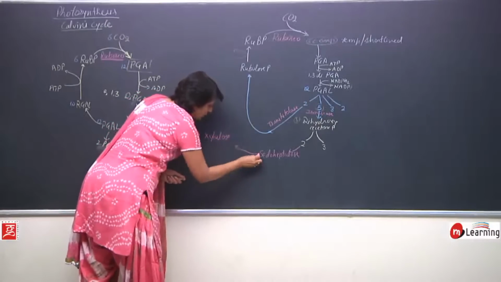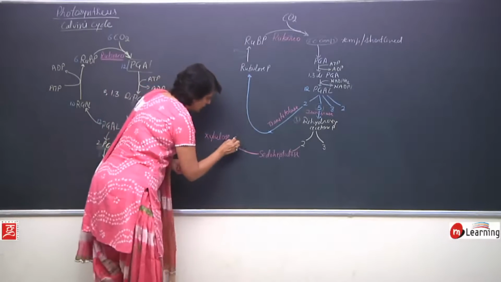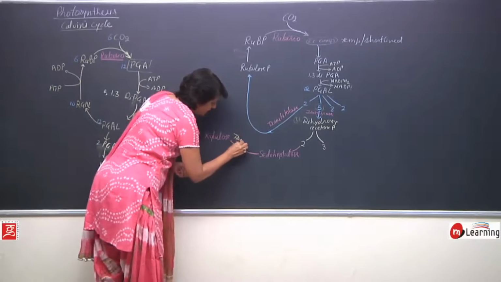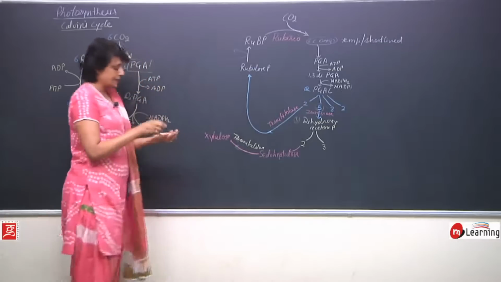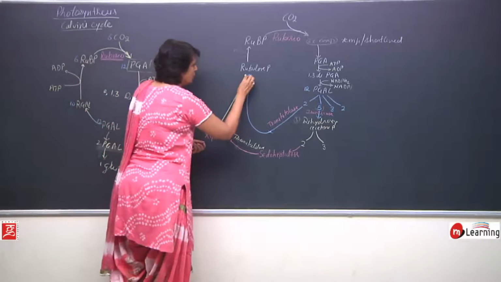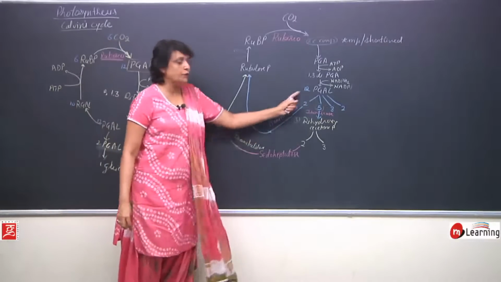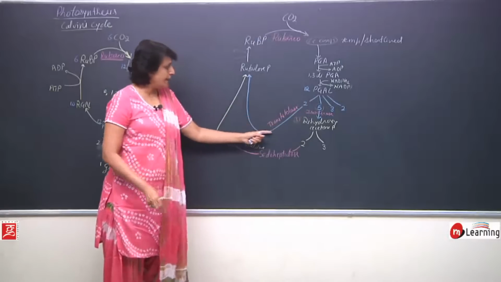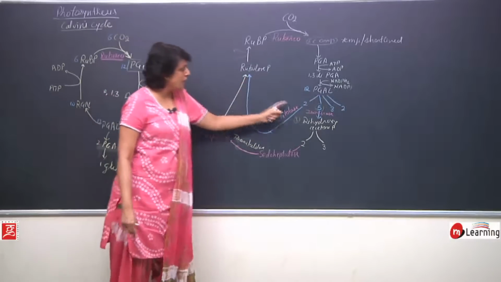This reaction which is taking place is again transketolation, so the enzyme is transketolase. And this xylulose which is formed gives rise to ribulose phosphate. So ultimately out of 12, 2 followed a different pathway. With the help of the transketolase enzyme, they change into ribulose phosphate.